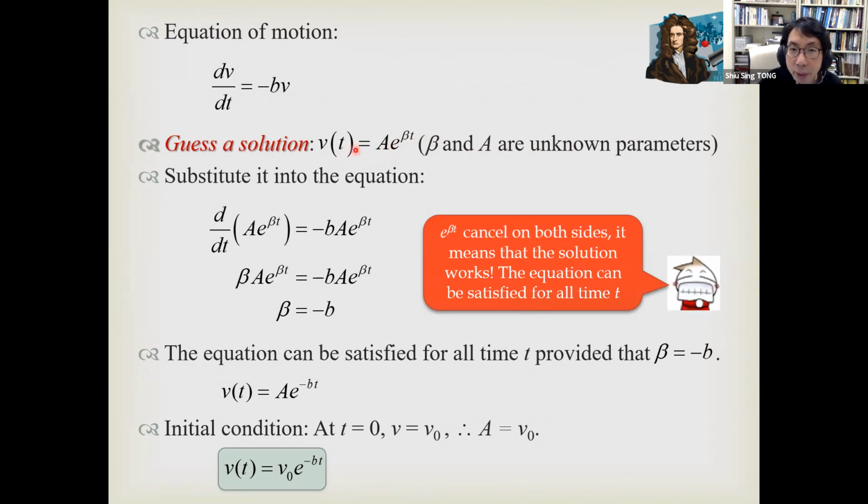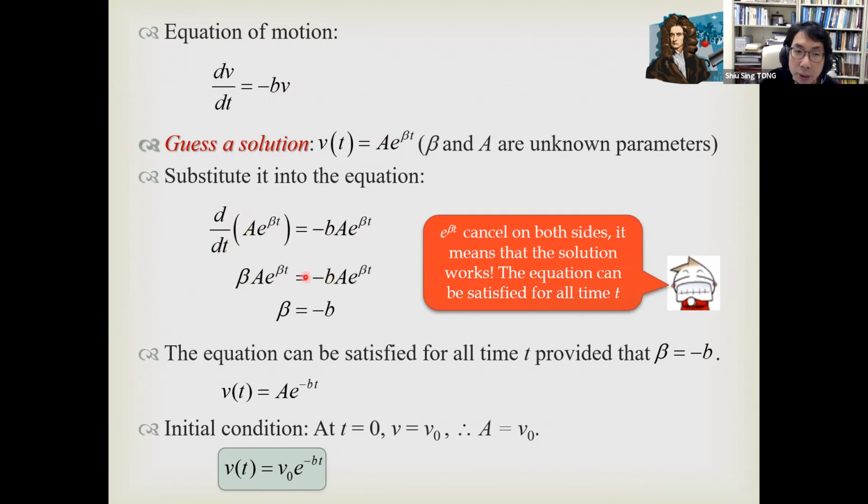Now, we just substitute V into this equation. And the left-hand side of the equation gives you what? It gives you the derivative of this, right? The derivative of the exponential function will give you back the exponential function. But by the chain rule, when you differentiate beta t with respect to t, it will give you a factor of beta. Okay, so that is what is happening on the left-hand side. For the right-hand side, you simply have V, which is this guy, multiplied by minus b.